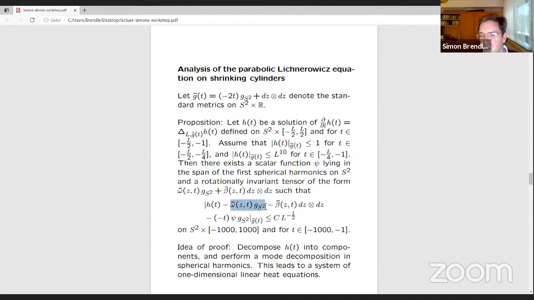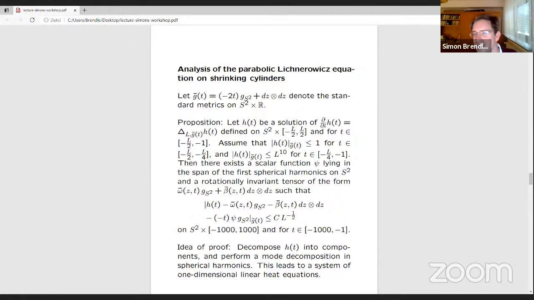The first two terms represent rotationally symmetric terms. So a rotationally symmetric function times the metric on S2 and a rotationally symmetric function times dc squared. And then there's this strange term here, which is an extra term that comes from the first spherical harmonics.